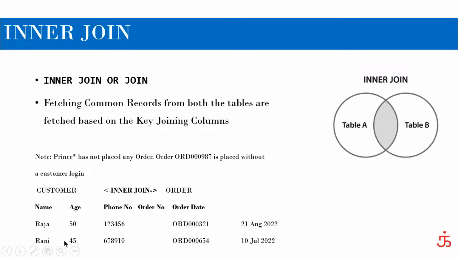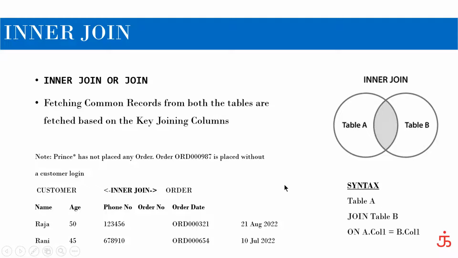Similarly for customer Rani, whereas there is a customer called Prince who has not placed any order. The customer record is there only in the customer table, so that information will not be fetched because the customer table is similar to table A. Even though it is present, it exists only in table A, it doesn't exist in the order table, so it won't appear in the result set.